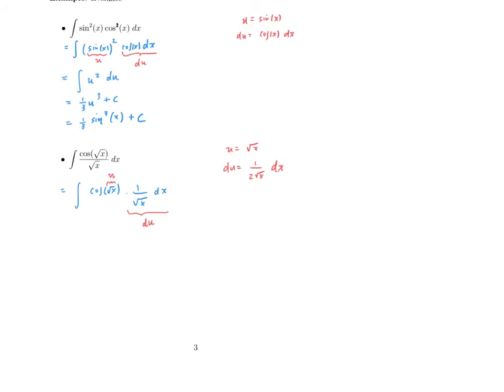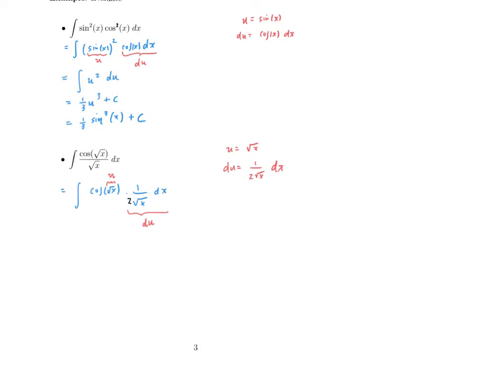And in this example, I will just go ahead and manipulate this quantity in the integral and make it look precisely like the du, which is just a slightly different approach than we took previously, but the algebra is the same. What I would like to happen is have this be 1/(2 square root of x).